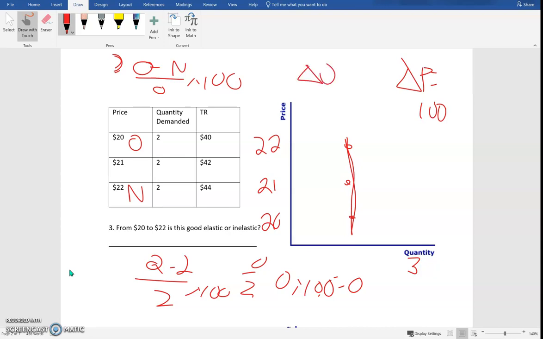So delta Q, the change in Q, is 0. And 0 over delta P is 0. So it is an inelastic good. Or if you just want to circle it, do that.